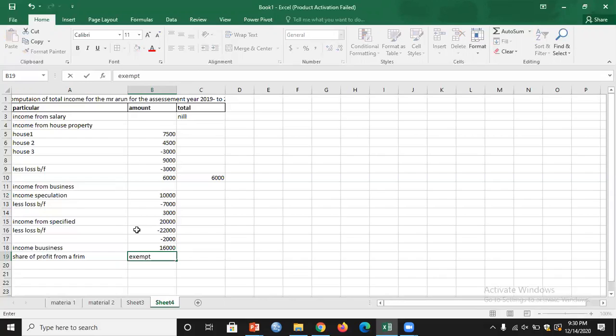We don't need to take it into the income of business. Why? The firm has already paid the tax on its profits, so taxing the share of profit would mean double taxation. In order to avoid double taxation, we don't pay tax on the profit from a firm, as we are calculating the taxable income of the assessee.